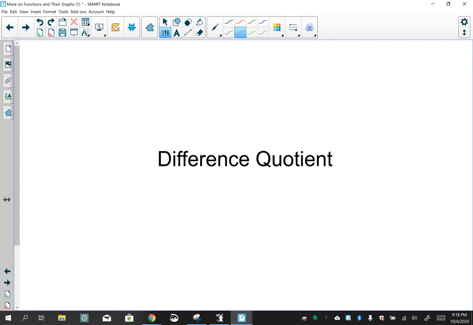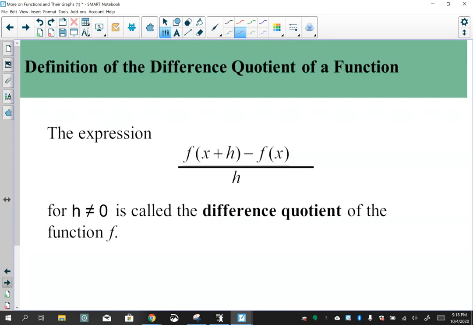Now onto the fun one, the difference quotient. The difference quotient is a lot of algebra, so I don't want to scare you, but this is what it is. There's another section that we're going to be getting to shortly called average rate of change, and you need the difference quotient in order to do the average rate of change.